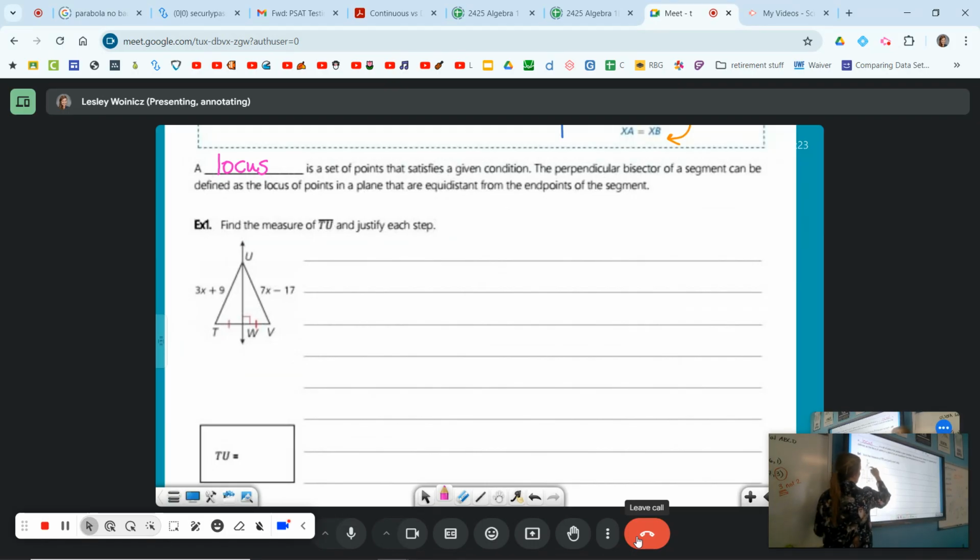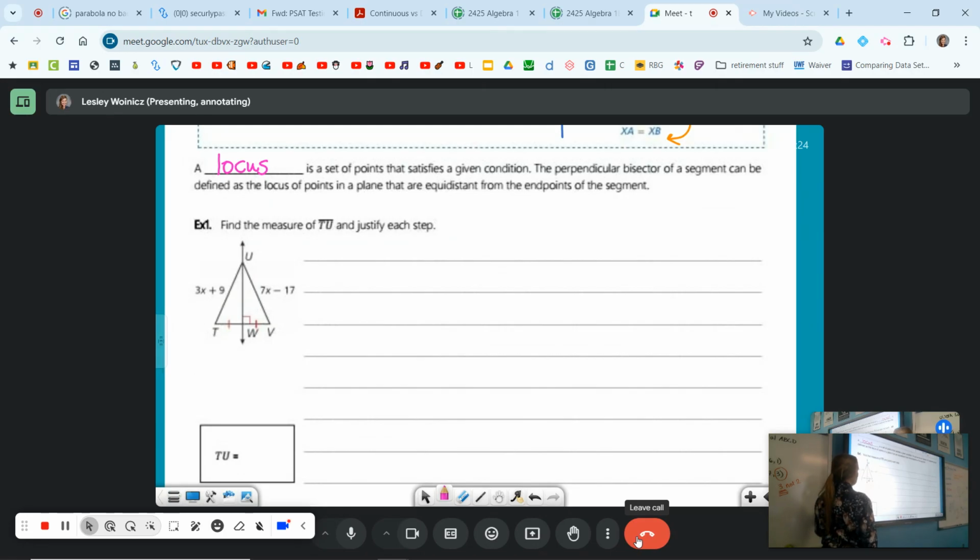So this point is equidistant. This point is equidistant. This point is equidistant. Does everybody see? It's the set of all of those points that are the same distance from my endpoints. Good?